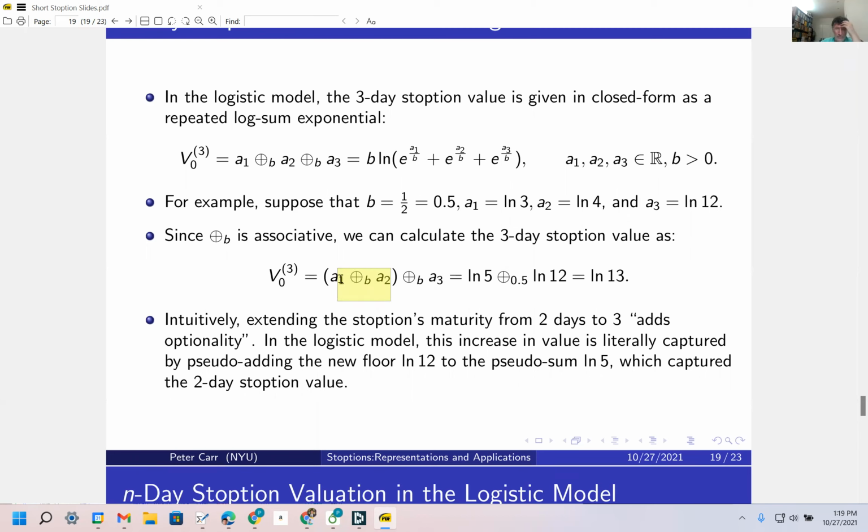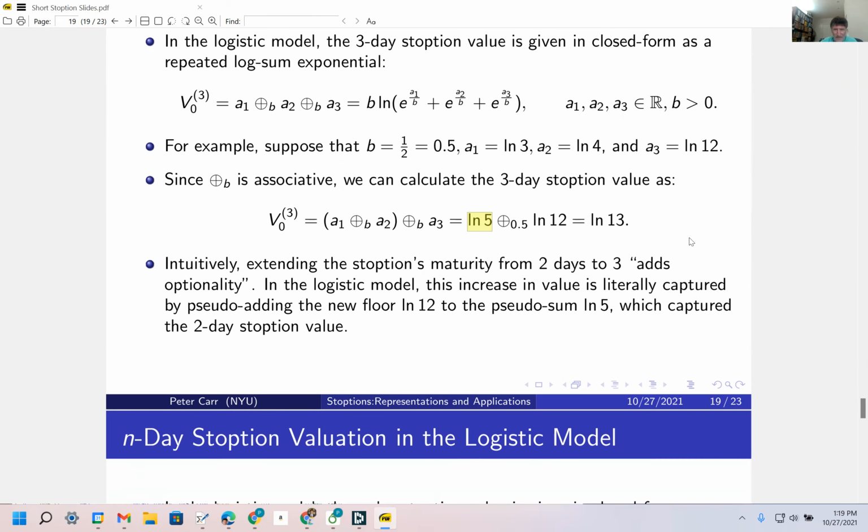Having already calculated them once, we can just use that calculation. And fairly obviously, we add optionality if we extend the maturity. The value should go up, and it certainly does, from log 5 to log 13. And all we had to do to capture the increase in value is pseudo add log 12 to the existing log 5 value.